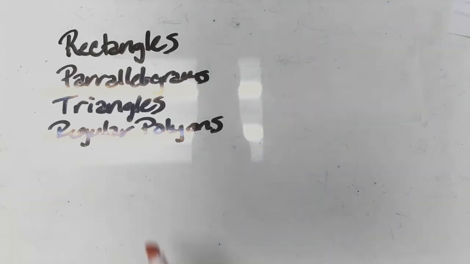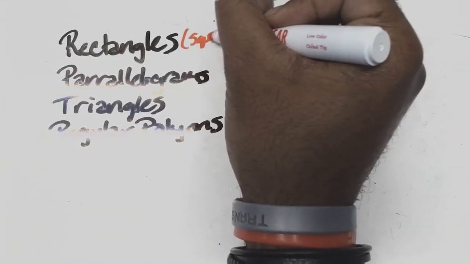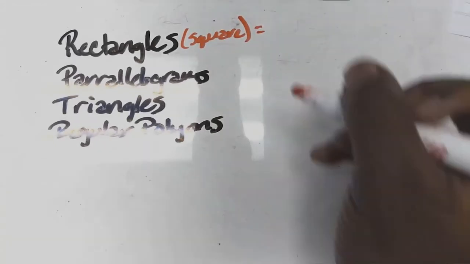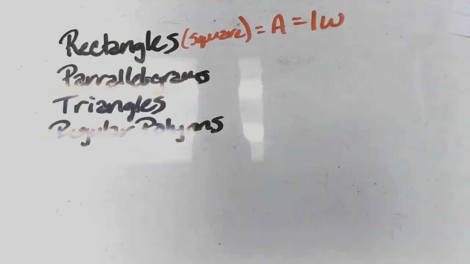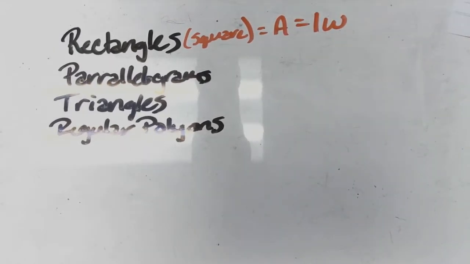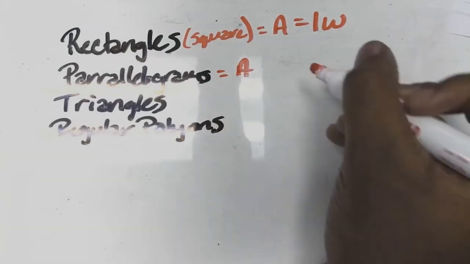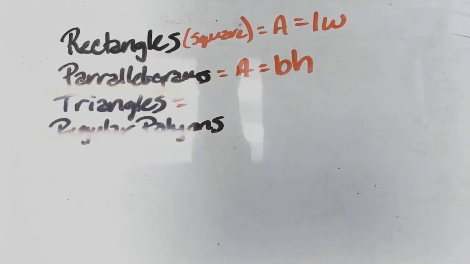All right, so our rectangle and also square, so I'm gonna put square in parentheses, because we work with squares, is area equals length times width. What about parallelograms? Correct, that's area equals base times height. What about triangles?